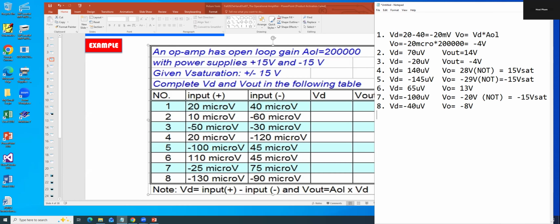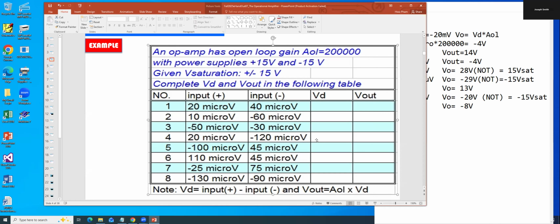So if you can understand this example, no big deal when you're working on the assignment. Okay, any question?